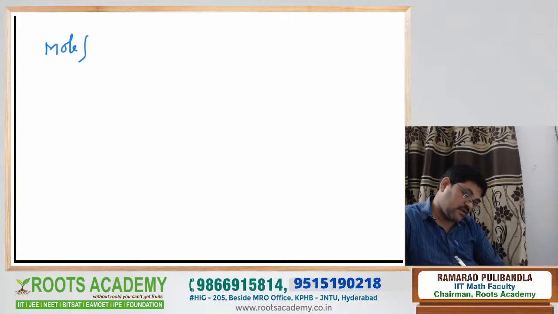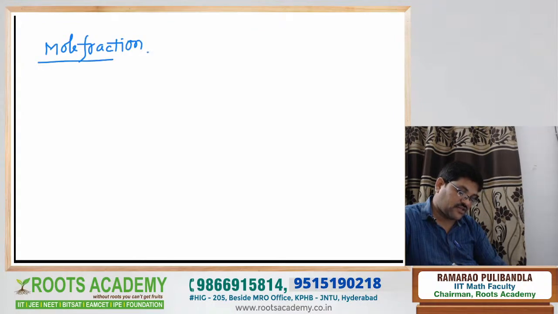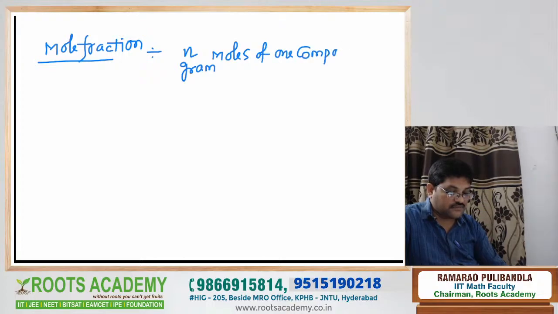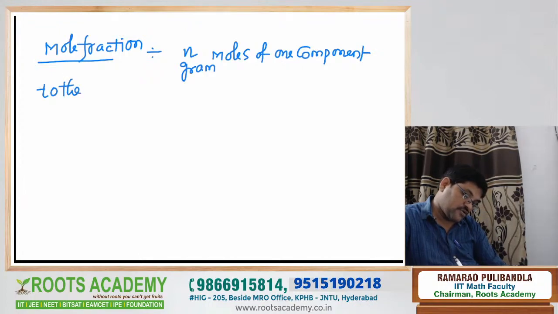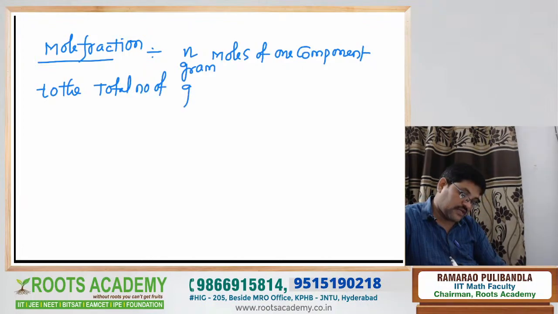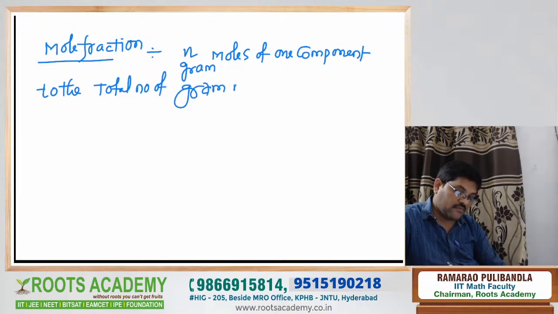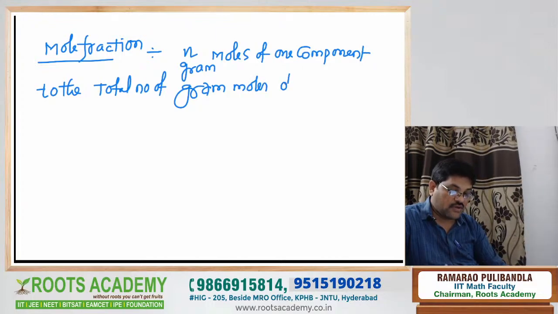So with respect to the mole fraction, how do we write the statement? Simple statement: number of gram moles of the one component to the total number of gram moles of all components.